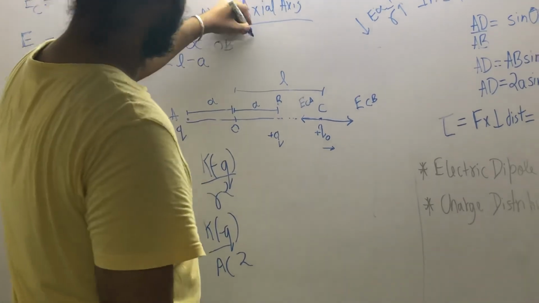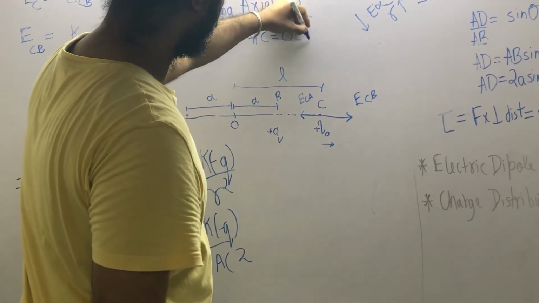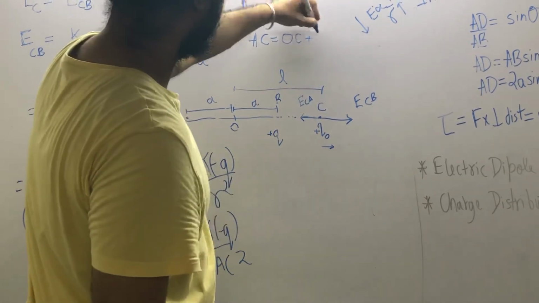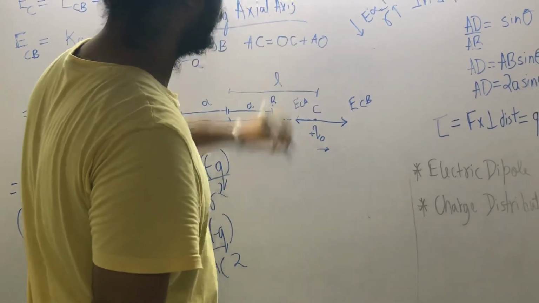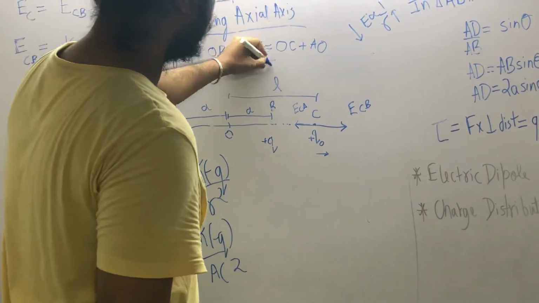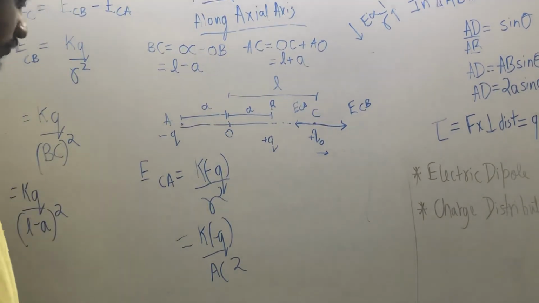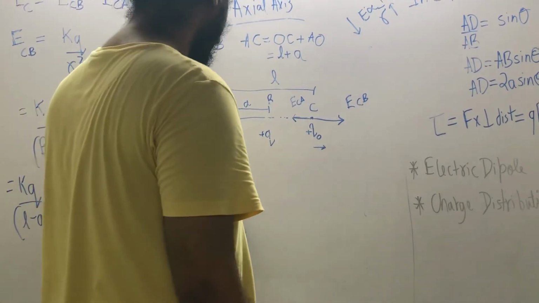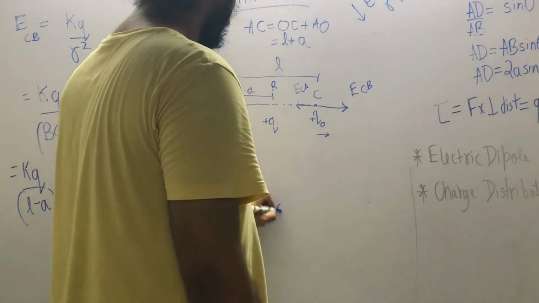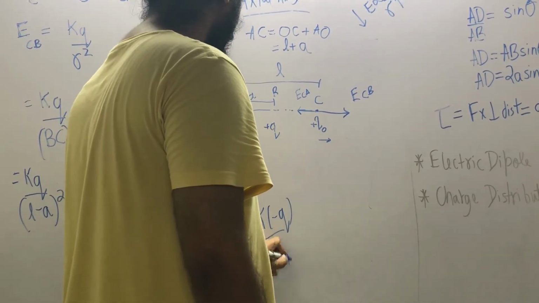I will write here AC equal to OC plus AO. In other words, it will be L plus A. Okay, I hope that is clear. So I will write here K of minus Q upon (L plus A) whole square.